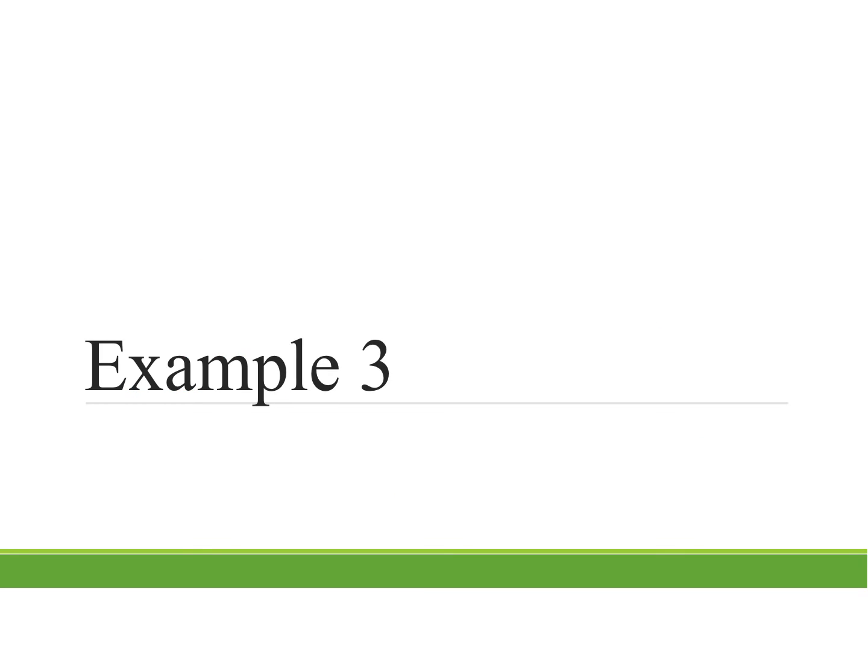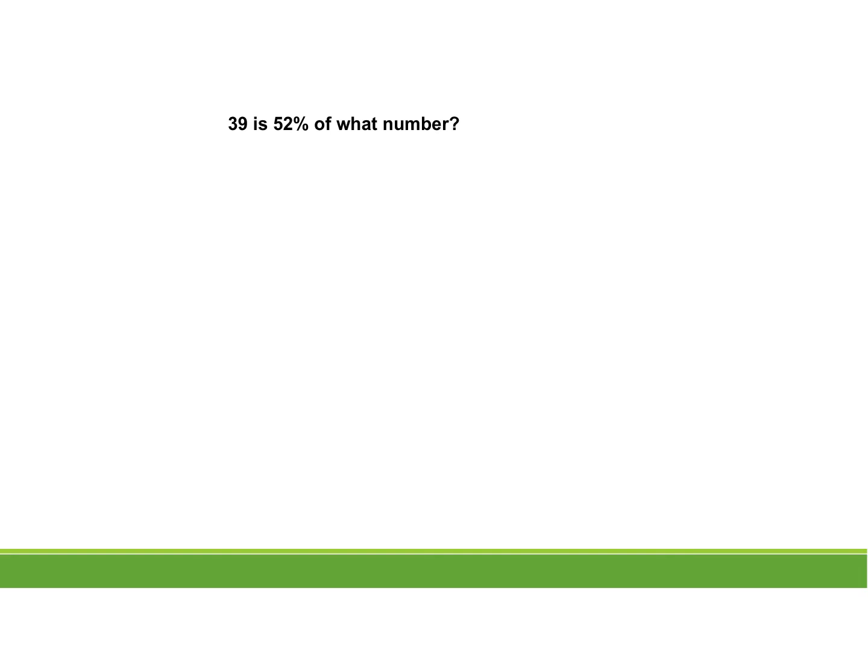Now let's take a look at example 3. Example 3 says 39 is 52% of what number? So again, I'm looking at writing that percent equation, and I'm given that 39 means equal 52%, so I have to write that as a decimal, of what number?